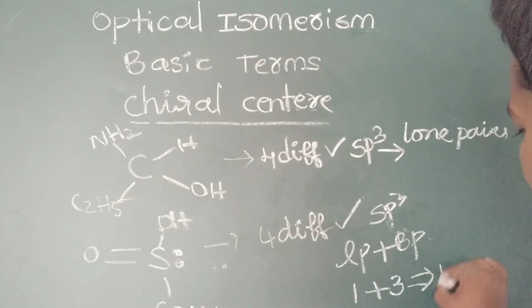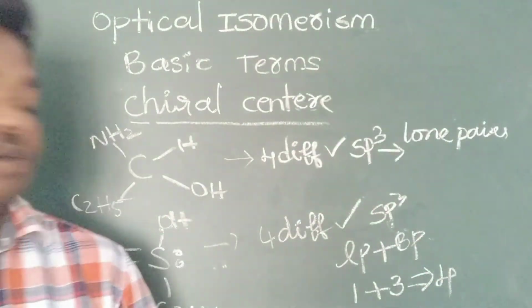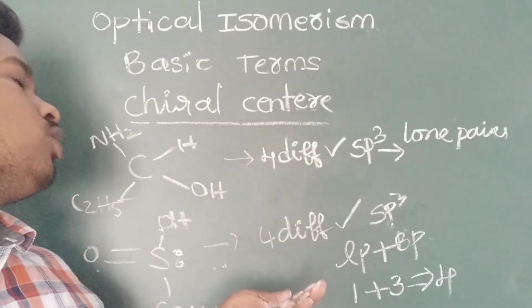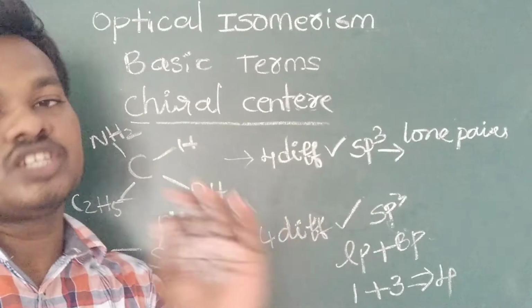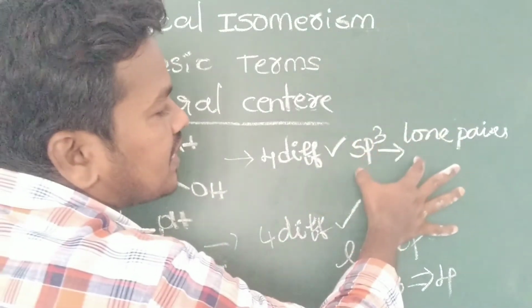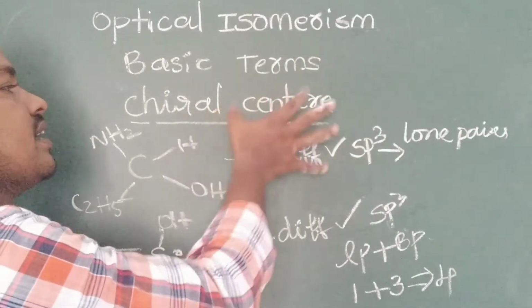Whenever the 4 comes, it is sp3 hybridization. The particular atom should exhibit four different groups and at the same time show sp3 hybridization. If carbon shows four different groups with sp3 hybridization, it is called a carbon chiral center.